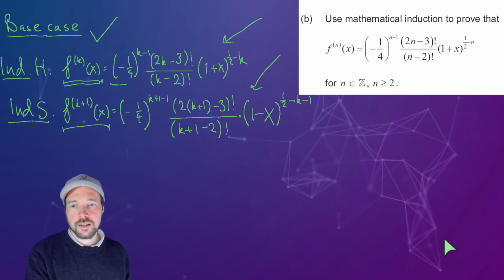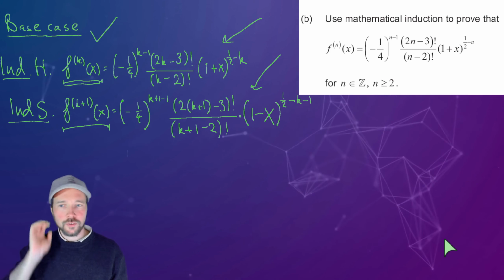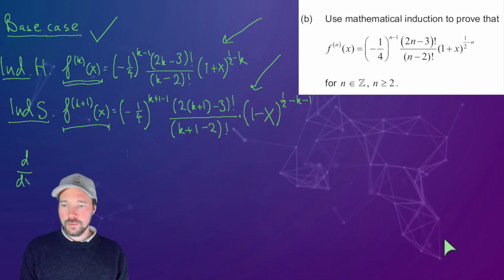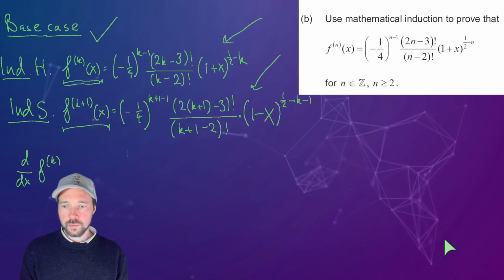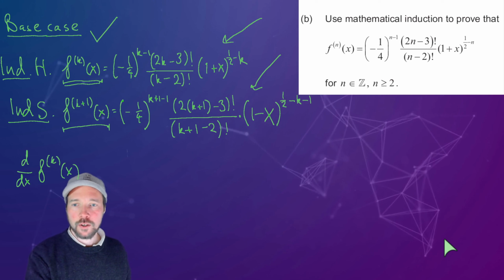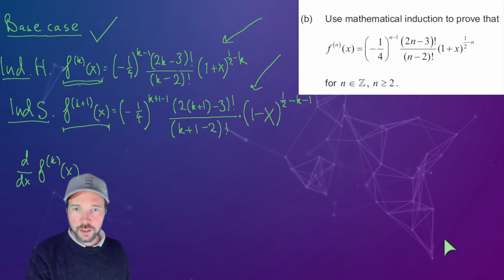Okay, so let's see what will happen if we take the derivative of this first thing. The constant is going to be unchanged, so let me just copy it from here.